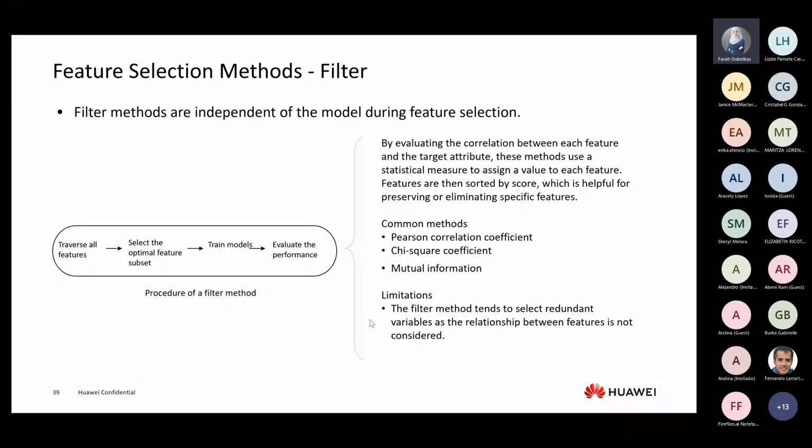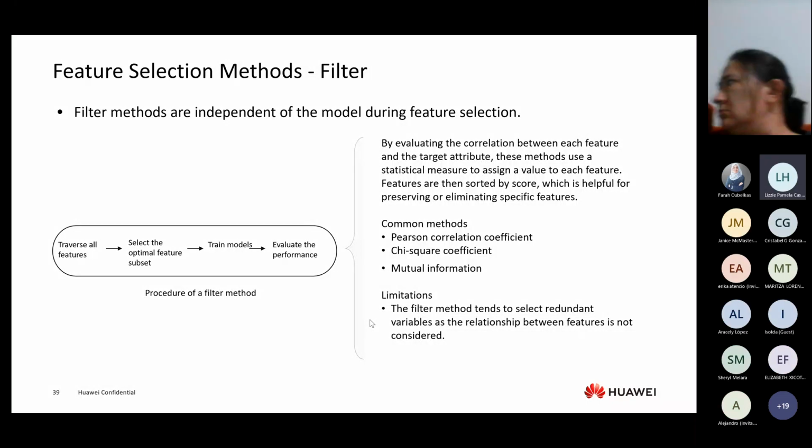Instead, here in the filter method, in supervised methods, we drop the variables that have a very low correlation with the target. Okay, so this is the filter method. If a variable has a very low correlation with the target, it's not going to be useful for the model prediction, and so we drop it, we don't need it.